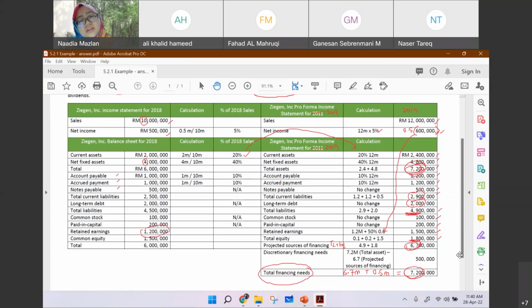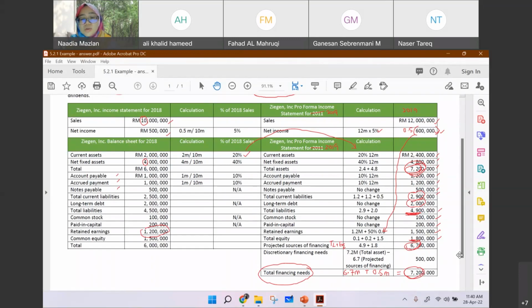I cannot see this. So meaning that you're using the 600,000 plus the 500,000. Because the idea is to make sure that your balance sheet balances.